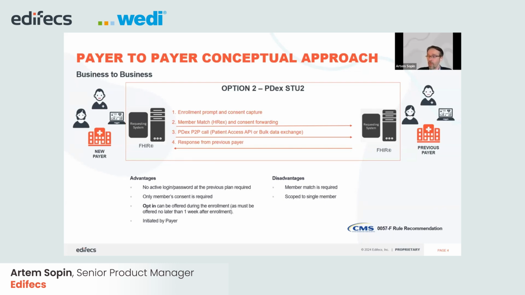Disadvantages that we have for now, I don't call them disadvantages that much, but I need to bring something here because there is an active work on a continuation of this IG. And one of them is that, yeah, we have to do a member match. Basically, we have to look for a member at the old plan, because now we don't have any active accounts.